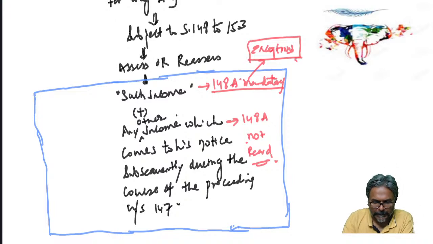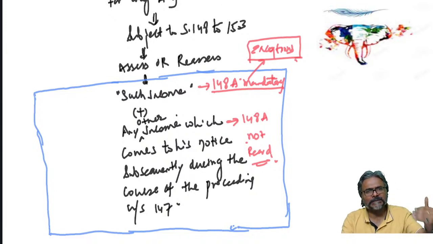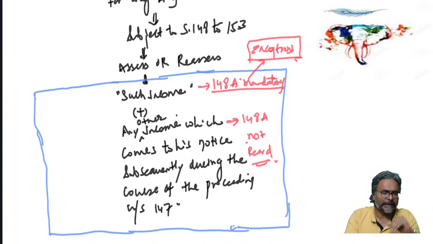So, students, in this context, first of all, what is this 148A? Students, 148A requires a kind of a preliminary inquiry.